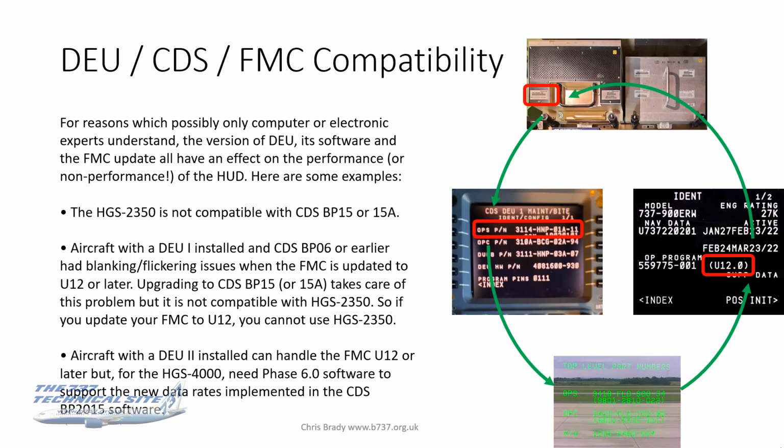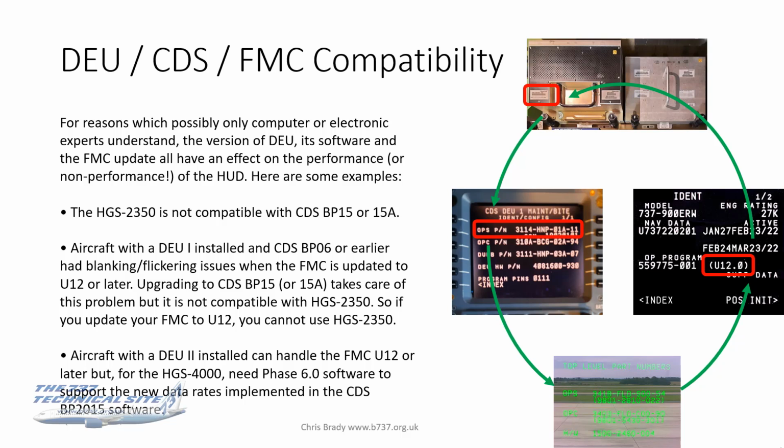And also aircraft with DEU2 installed can handle update 12 or later, but for HGS 4000 you need Phase 6 software to support the new data rates implemented in the CDS Blockpoint 2015 software.